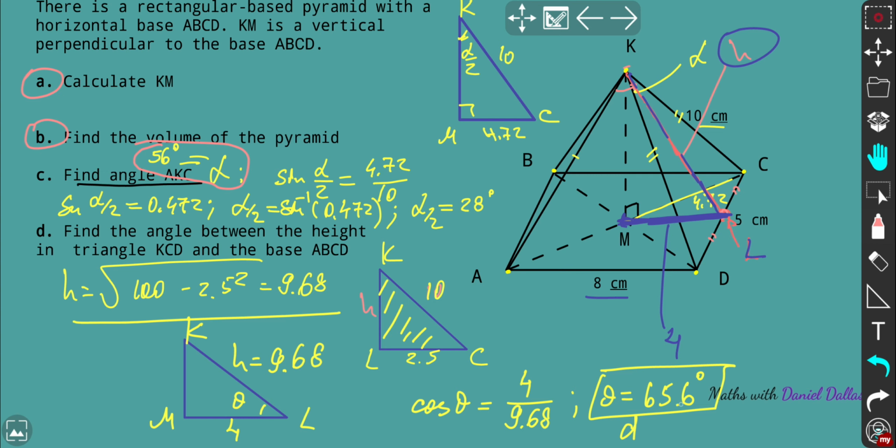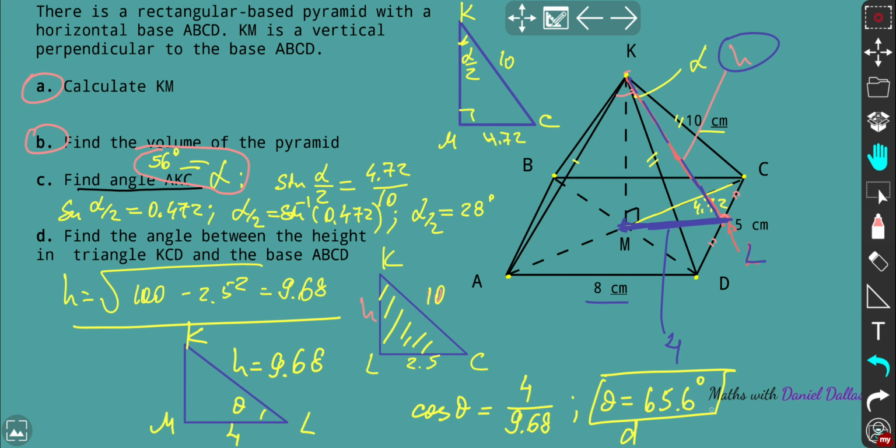65.6. Okay, you see that in many cases we actually drop triangles that occur in 3D. So we just take them away and consider them separately. So that's really helpful and useful. So try to do the same, and this is the idea of how you can work it out.